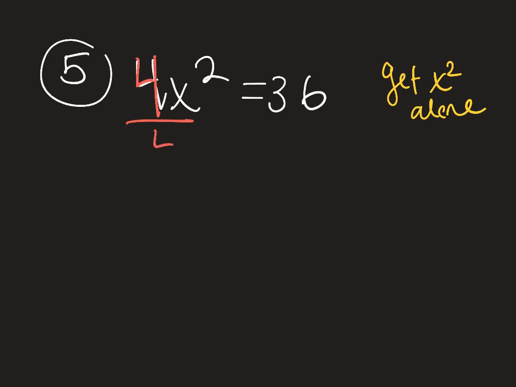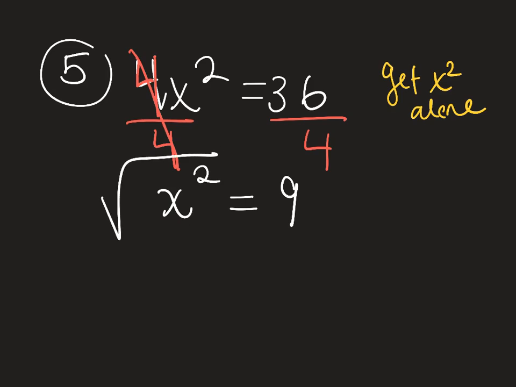So I'm going to divide by 4 and divide by 4, because if you do it on one side, you have to do it on the other side. These 4's cancel out. So you get x squared equals 36 divided by 4 is 9. Then to undo the square, you're going to square root. x is going to equal plus and minus 3.